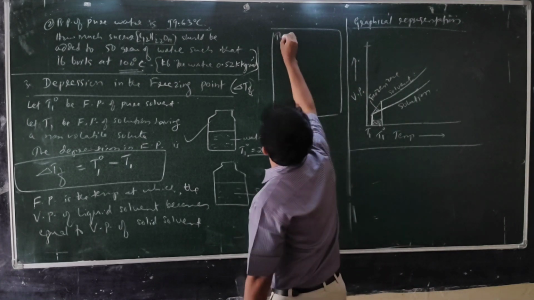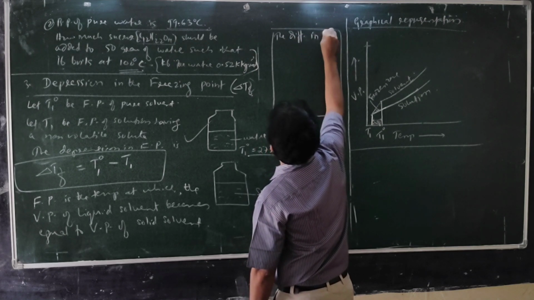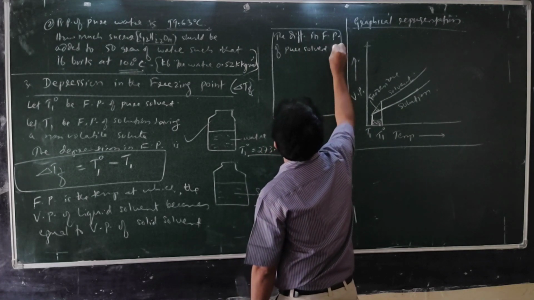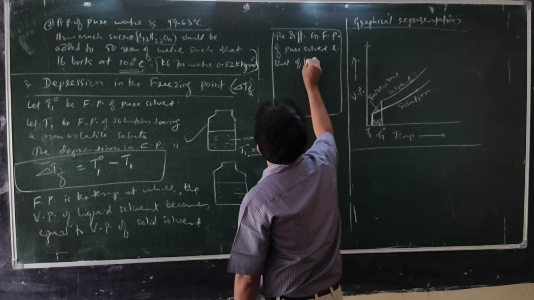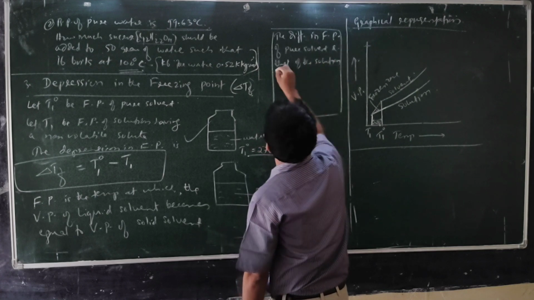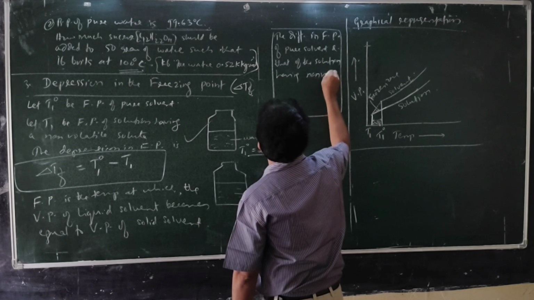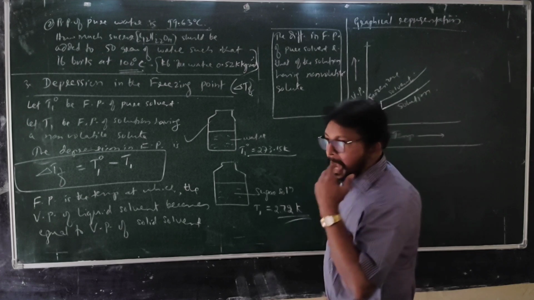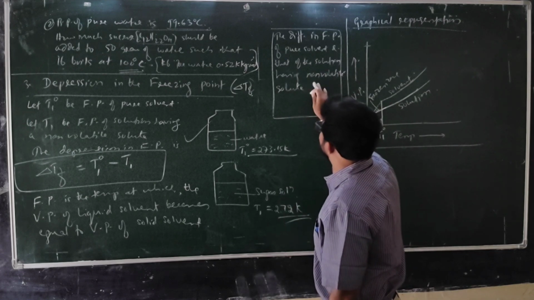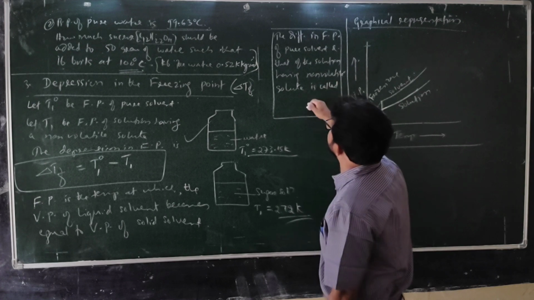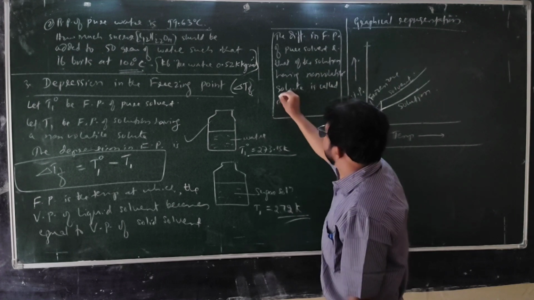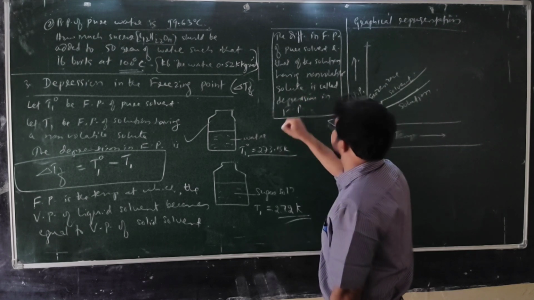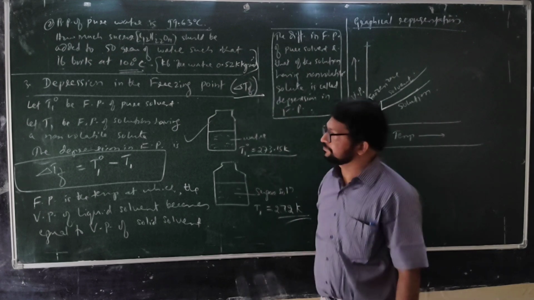The difference in freezing point of pure solvent and that of the solution having non-volatile solute is called depression in freezing point. Notation delta T F.